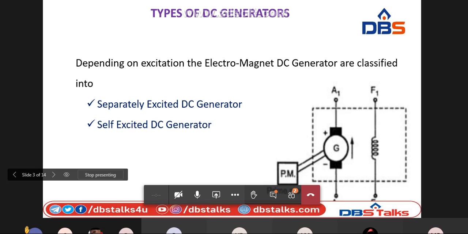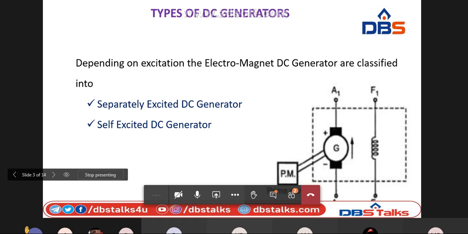According to the field excitation, how we give the supply to the field may be internal or external. Depending upon the excitation given to the field winding, generators are broadly classified into two types: separately excited DC generators and self-excited DC generators. Look at the figure, the representation of the DC generator: armature A1, A2, field F1, F2, and the arrow mark is the induced EMF.